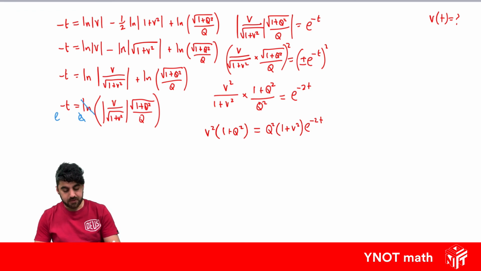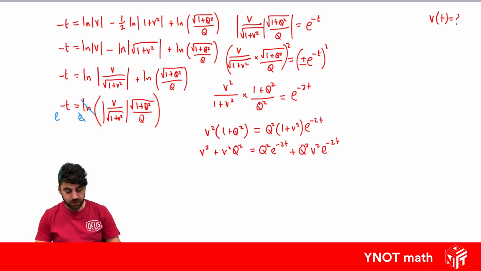Let's expand both sides because we're trying to isolate for v. So we're going to have v squared plus v squared q squared equals q squared e to the minus 2t plus q squared v squared e to the minus 2t. Let's bring all our v squared terms together. So we'll take this term to the left hand side.